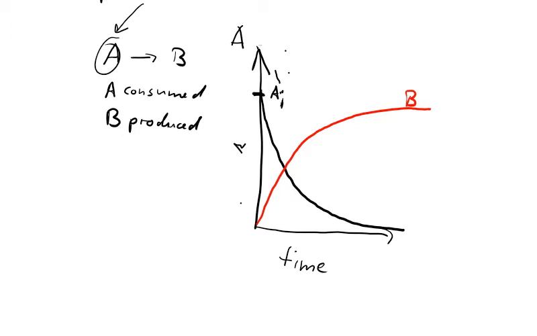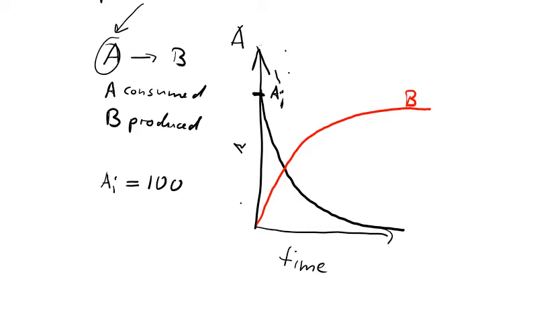Now, let's say we start with A initial. Our A initial, good morning, good afternoon, A initial equals 100.